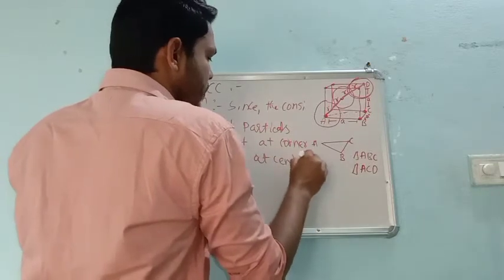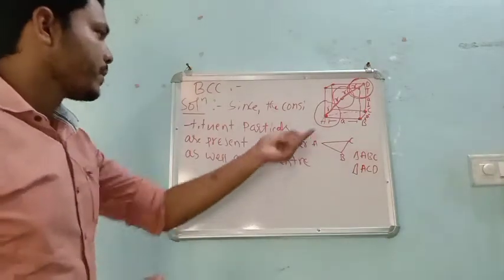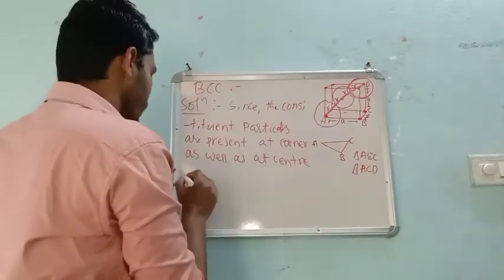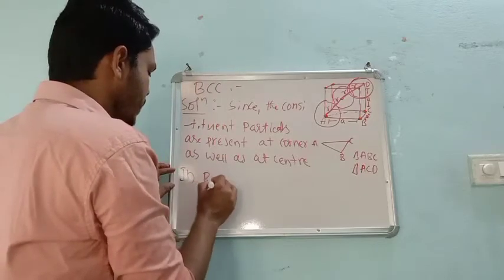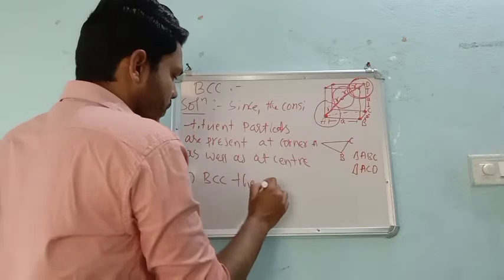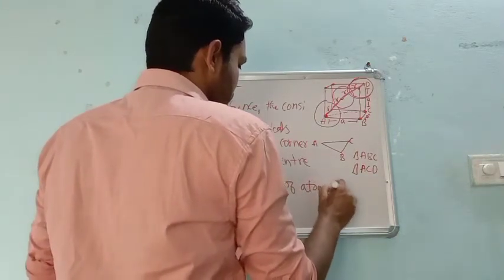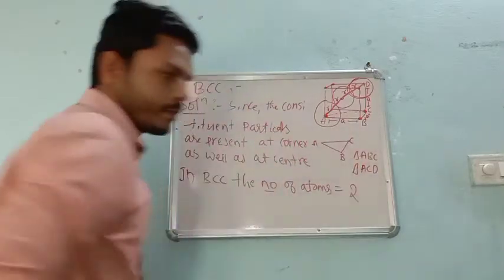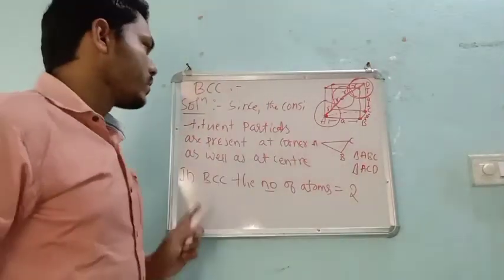So this is the definition, and then we will move towards the number of atoms. In BCC we already calculated. The second point is, in BCC the number of atoms is equal to how much? 2.